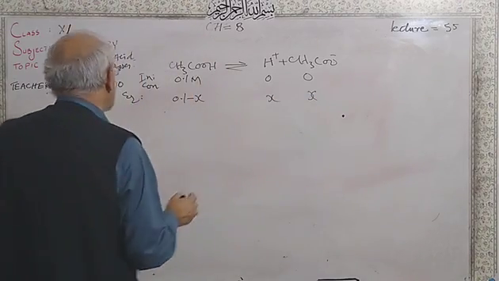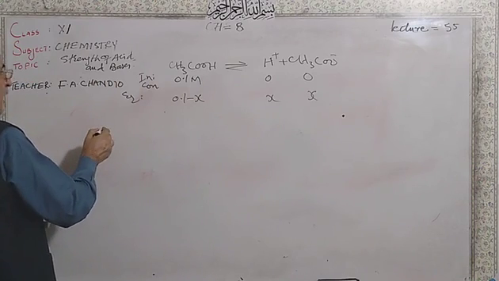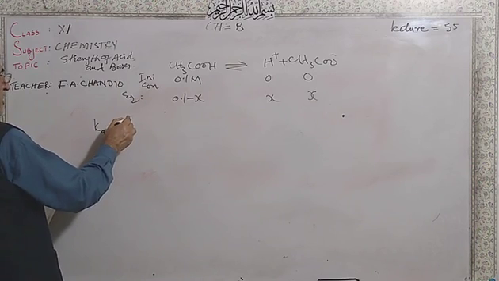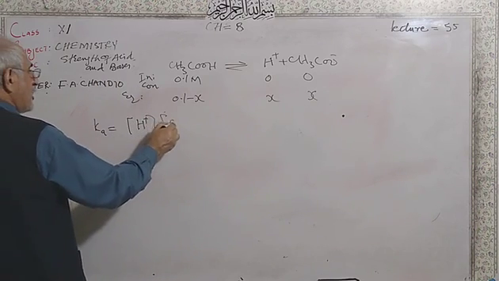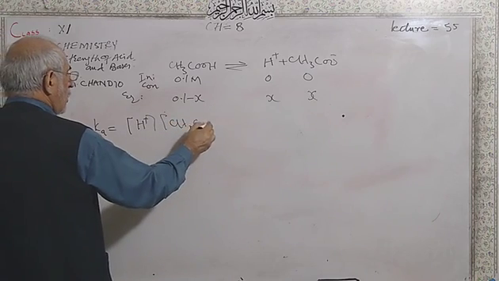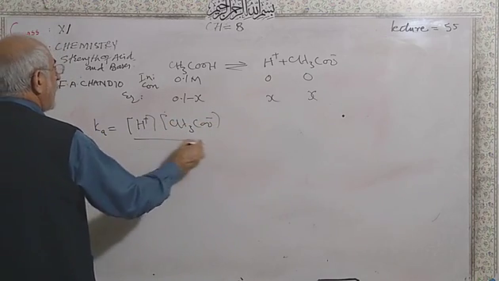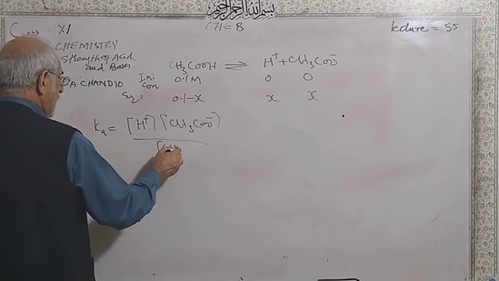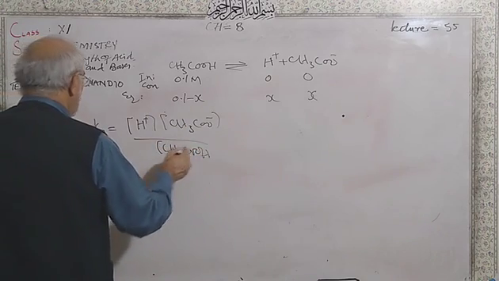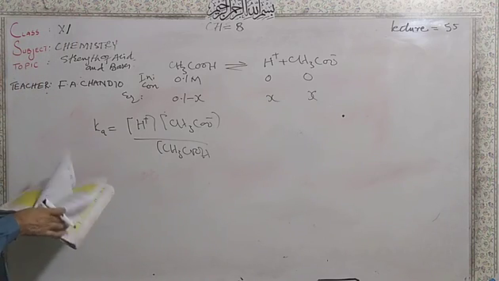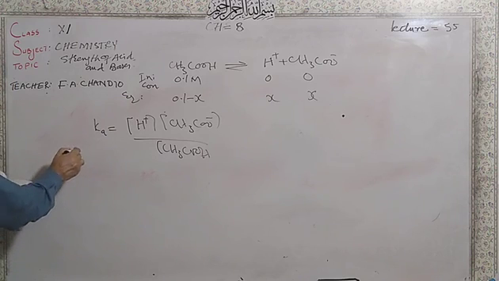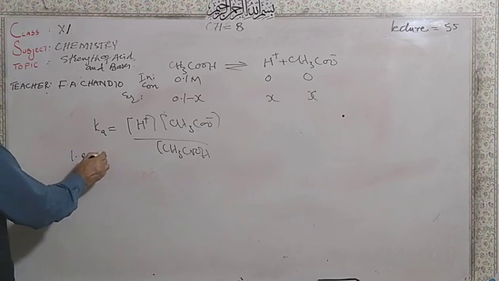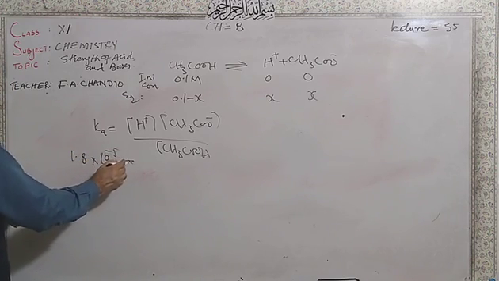And you have the value of Ka: concentration of the hydrogen ions times concentration of acetate ions divided by concentration of acetic acid. The Ka value is given as 1.8 times 10 raised to power minus 5.